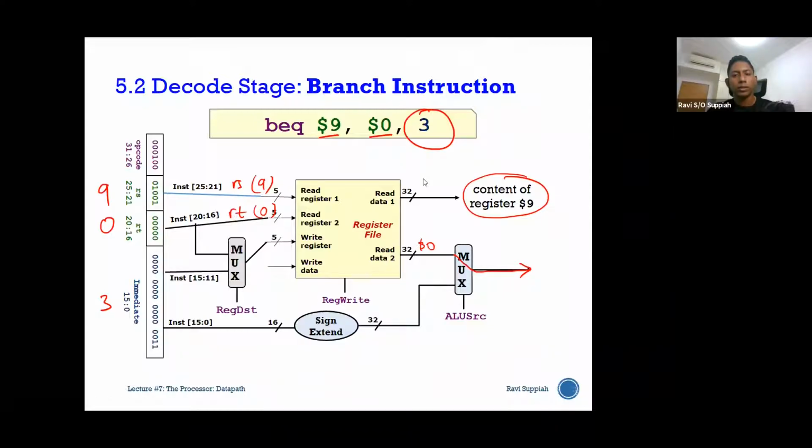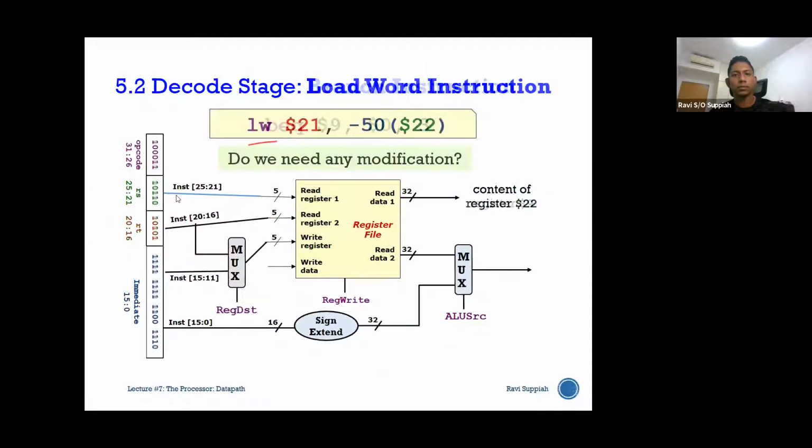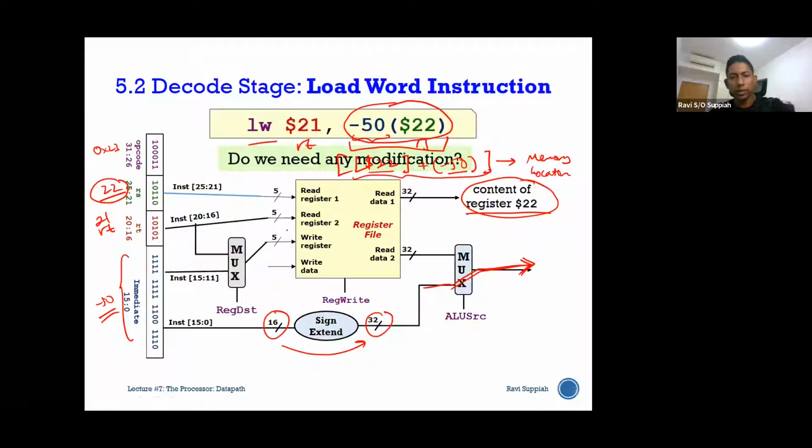The decoder doesn't output the write. The write register information is extracted from the instruction itself. If I look back here, in this instruction we can see that the write register is register 21.